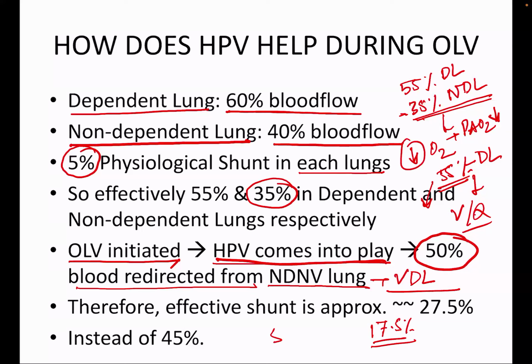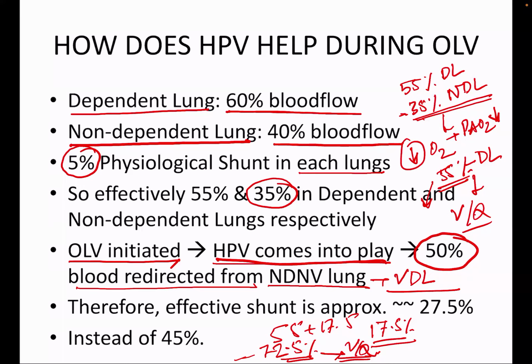So approximately 55 plus 17.5%, that is 72.5%, participates in ventilation and perfusion. This is only possible because of HPV. If there was no HPV, only 55% would have participated in ventilation perfusion. So this is how HPV is our friend.